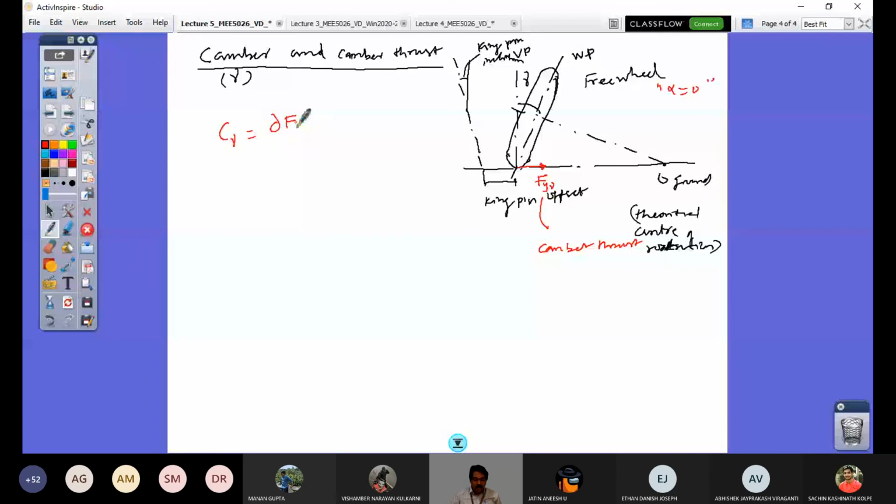So when I say this, like the slip angle variation, the Fy gamma variation with camber also is going to be linear for some time and then non-linear. And you draw a slope at gamma 0, you would have a definition of this, which is called camber stiffness. This is called camber stiffness.